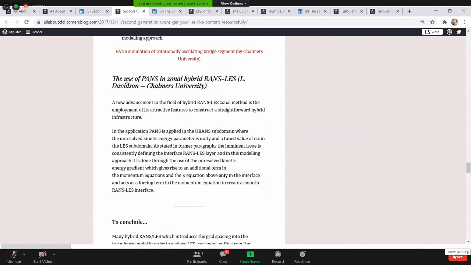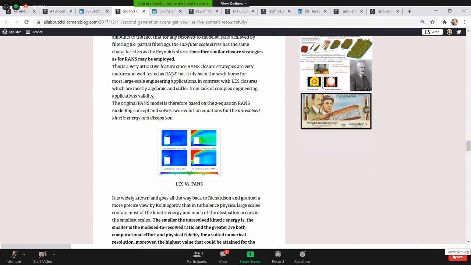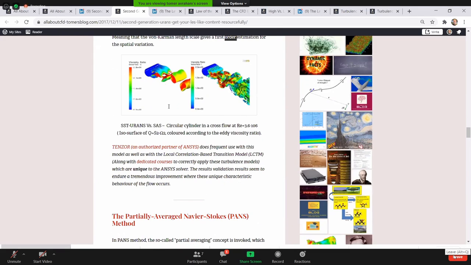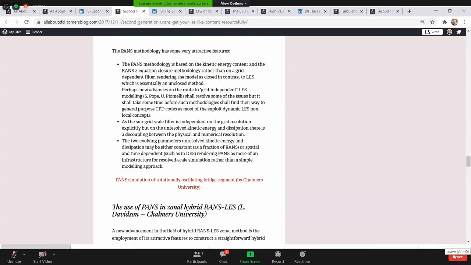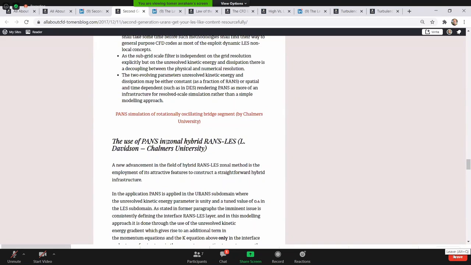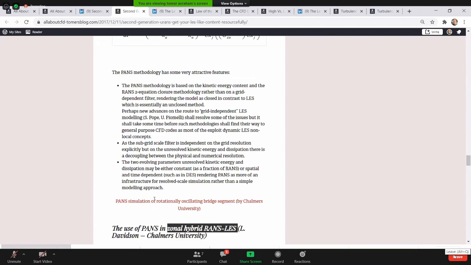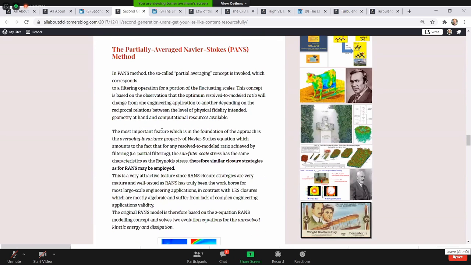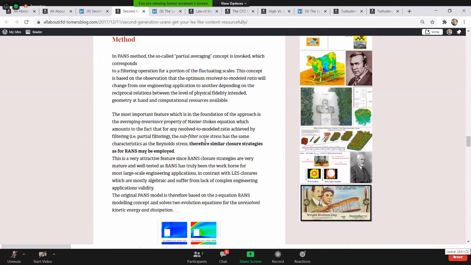And again, there's another method called PANS, where what you do is you partially average the Navier-Stokes equation, and for both of them there are suggestions to use them in what's called zonal hybrid RANS-LES. I mean, you have a zone which is RANS, you have a zone which is LES, and then perhaps if you use one of these methods, either the partially averaged Navier-Stokes or the scale adaptive simulation, you can transfer some turbulent content to the large eddy simulation area.